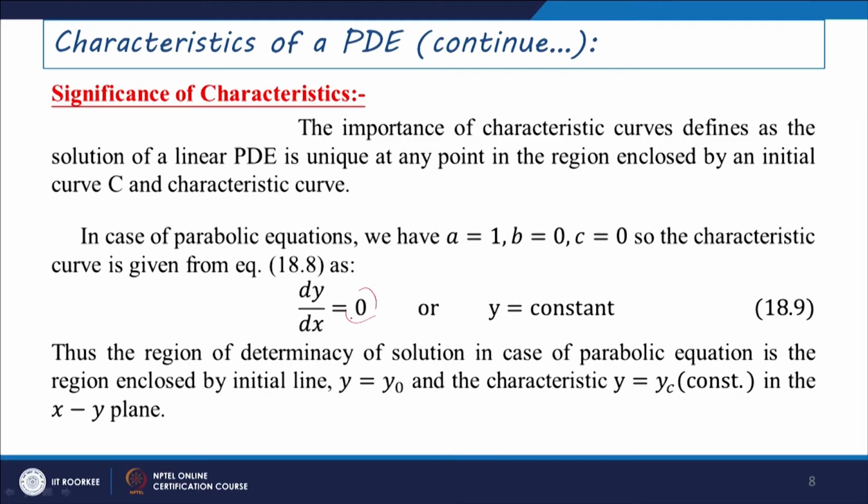And if you find the solution of this equation, it is nothing but y equals to a constant there. The region of determinacy of the solution in case of a parabolic equation is the region enclosed by the initial line, that is y equals to y0, and the characteristic curve that is defined by this constant function y equals to yc in the xy plane.